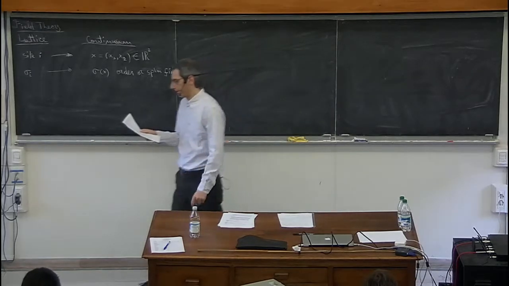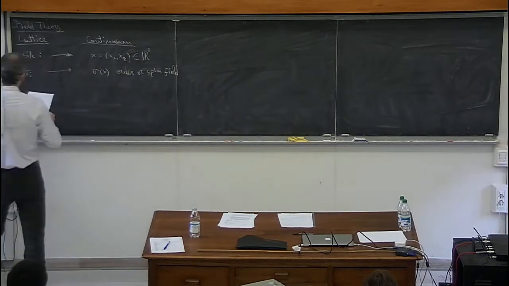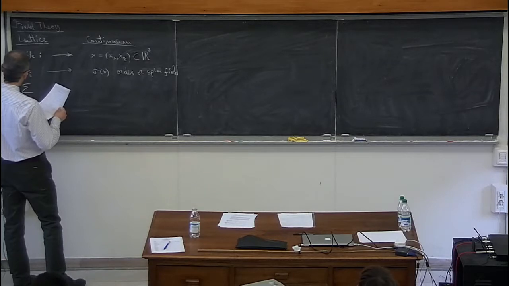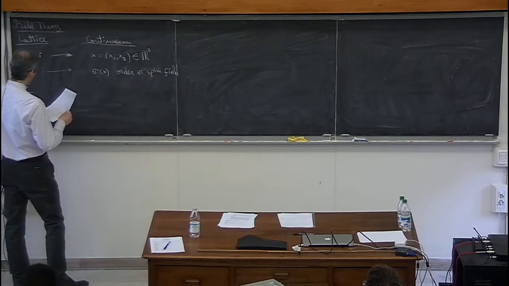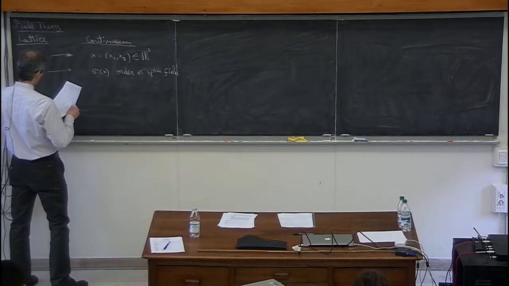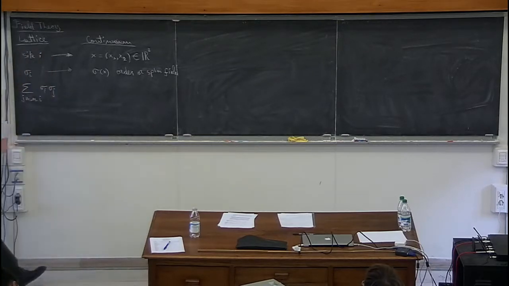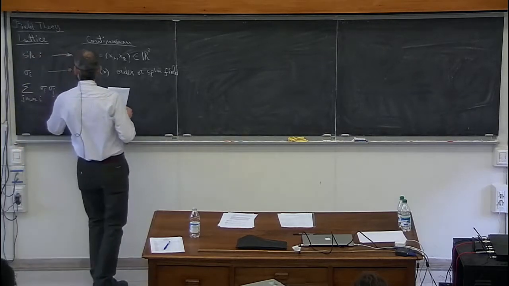Then another field which plays an essential role is this. Locally, in the lattice Hamiltonian, you have an object that we can write like this: sum over j, nearest neighbor of site i, and then typically you have something like sigma_i sigma_j.